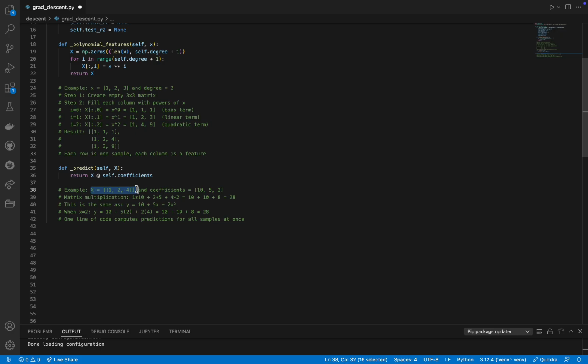Say x is a matrix with one row, 1, 2, 4. And say our coefficients are 10, 5, 2. The matrix multiplication computes 1 times 10 plus 2 times 5 plus 4 times 2, which equals 10 plus 10 plus 8, which equals 28.